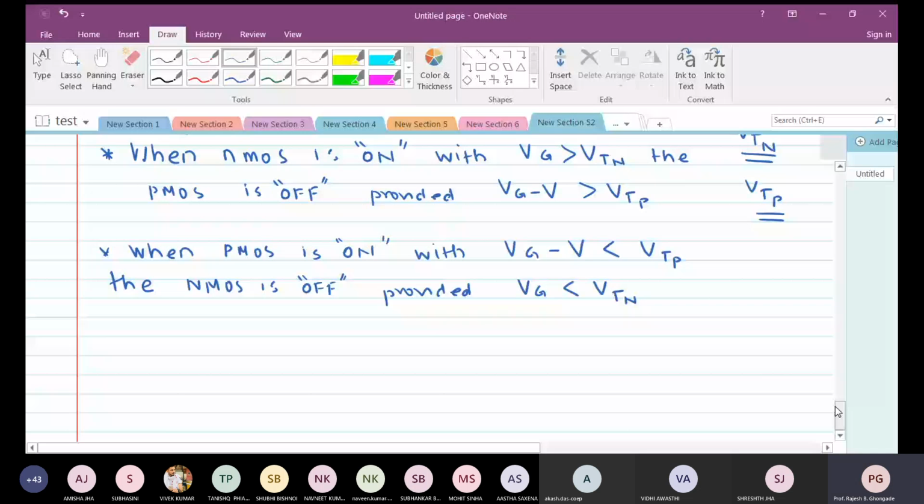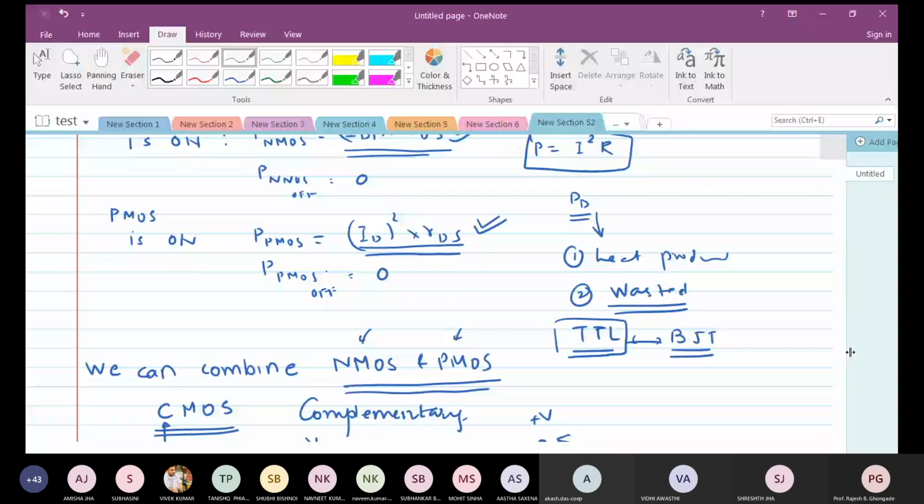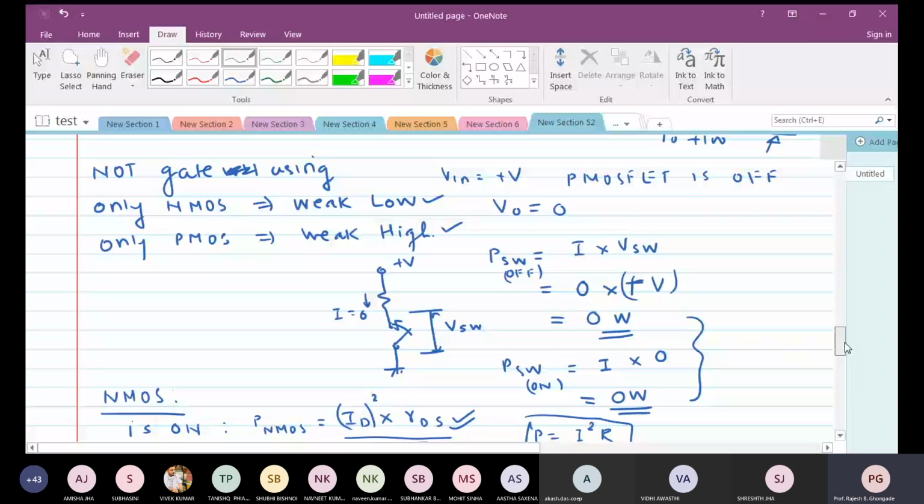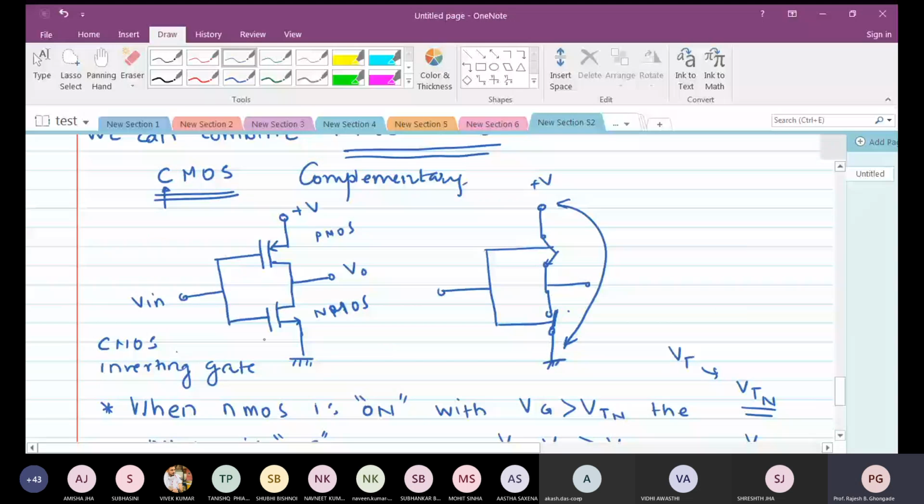What is the main advantage here? Have we solved the problem of weak 0 and weak 1? Yes, sir, how?